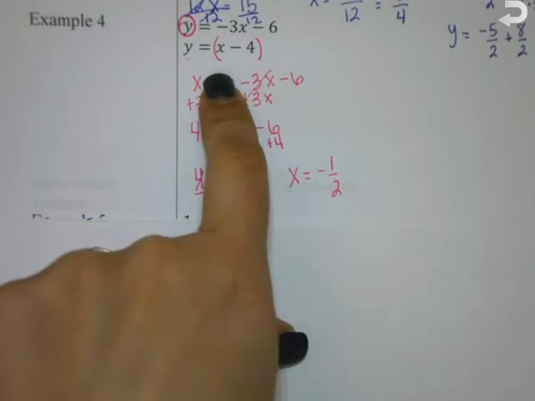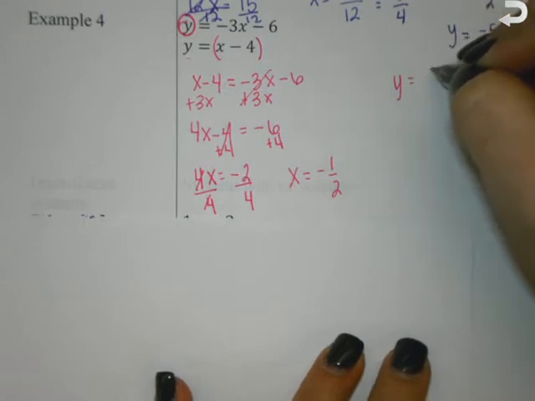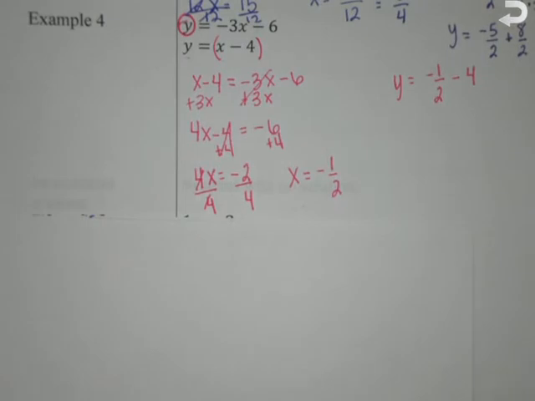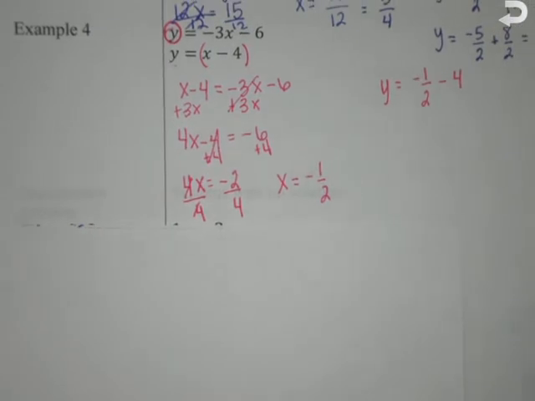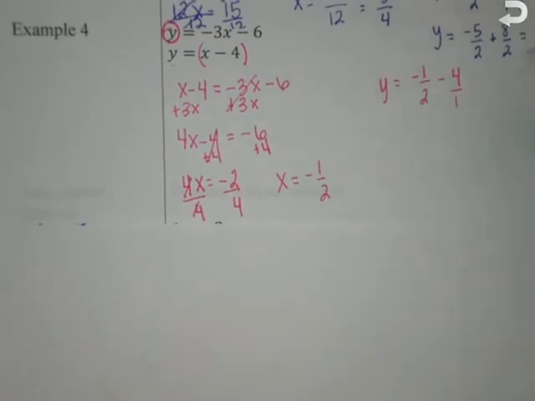So we have y equals negative 1/2 minus 4. And I can't subtract these because we don't have what? Common denominators. What would my common denominator be? 2. So multiply everything by 2.